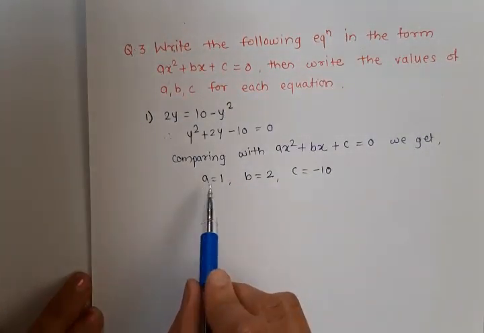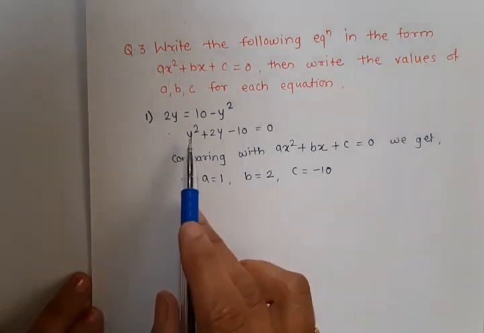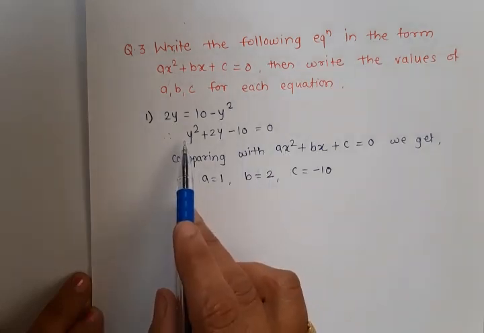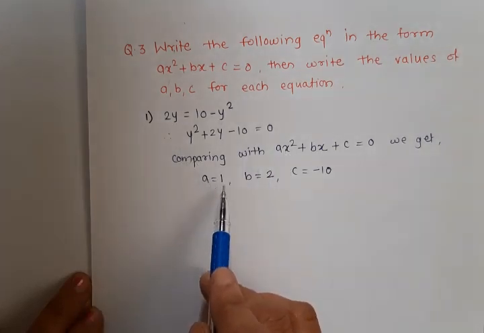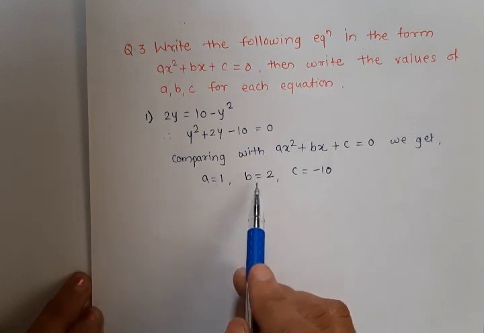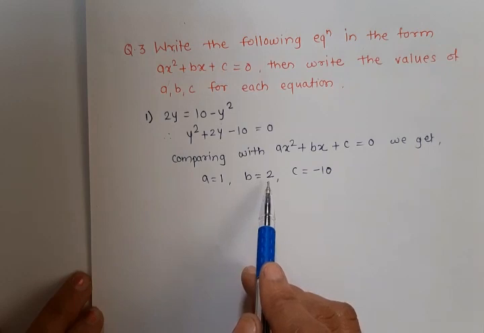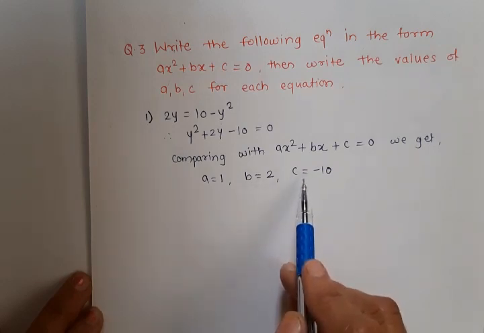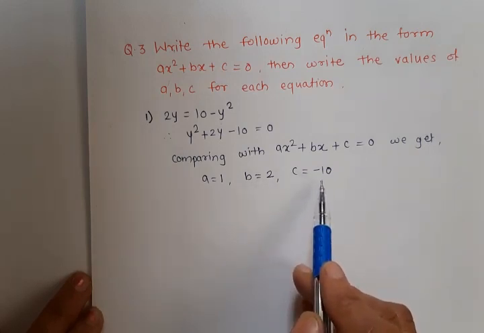Because a is nothing but the coefficient of x square. Here our variable y is given. The coefficient of y square is 1. So we can write a equals to 1. The coefficient of y is 2. So we can write b equals to 2. And the constant term is c. That means c equals to minus 10.